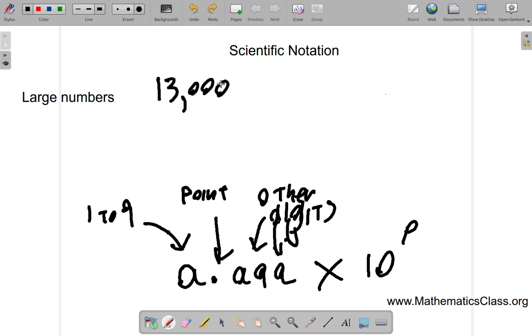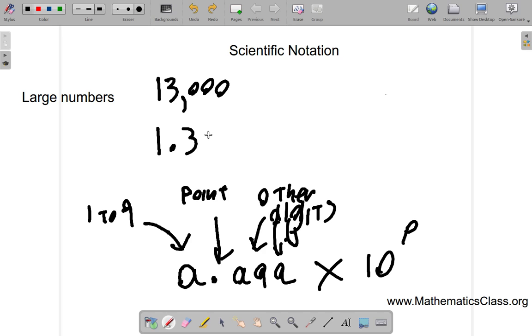Now, 13,000. You want to write it in scientific notation. According to the rule, you must have, first of all, the 1, then the point, then the 3. Now, as for the other zeros, you may very well put them in, but if you just want to write it like this, say to two significant figures, then you can leave it at 1.3, right?